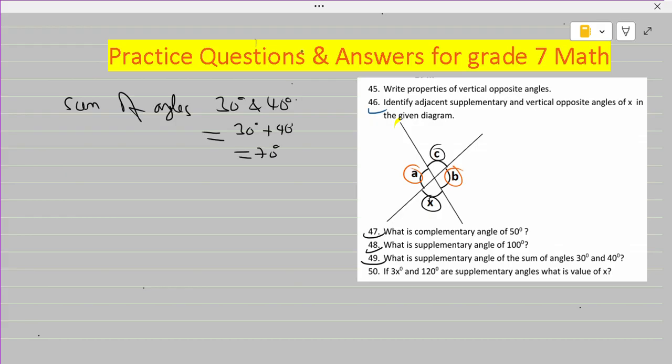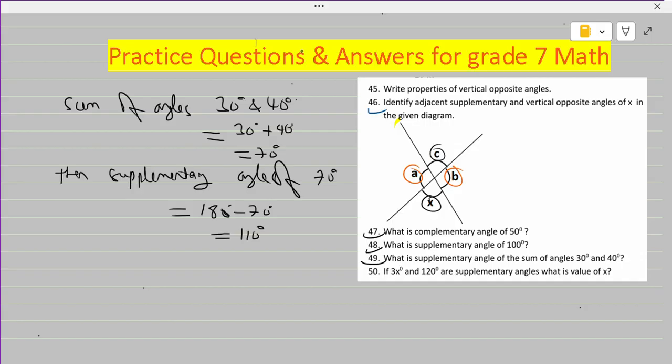And now we are asked to find the supplementary angle of this angle. So the supplementary angle of 70 degrees: you have to subtract 70 degrees from 180 degrees, so you get 110 degrees. And so 49 is done.